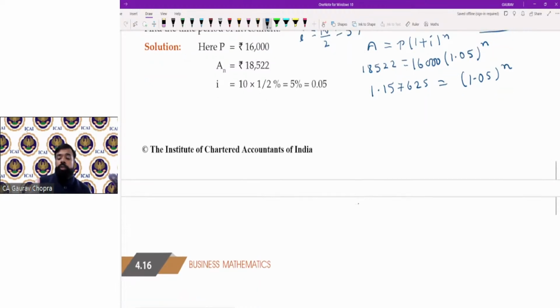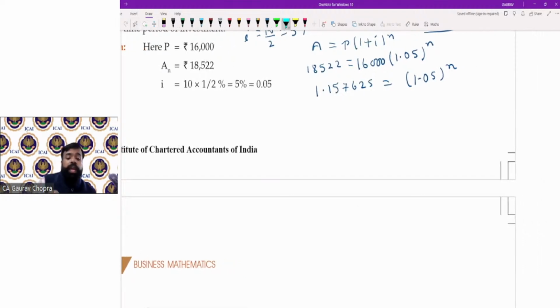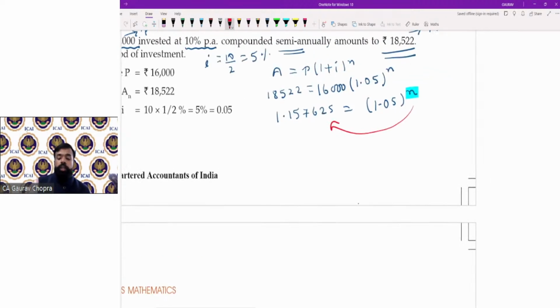Okay. Now you have to see what to substitute in place of n so that we get 1.1576. So let us try this on the calculator. 1.05 multiply and equal to. The first time you press equal to, we get the square. The second time we get the cube. The third time, power 4 and so on.